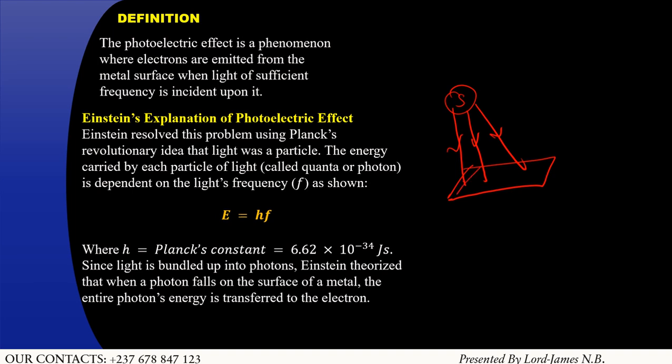Now every metal is categorized with a particular property, and every metal has what we call the work function W0 or phi. Now for photoelectric effect to occur, the energy which is supplied by this source should overcome the work function of this metal, which is the minimal energy required for electrons to be ejected.